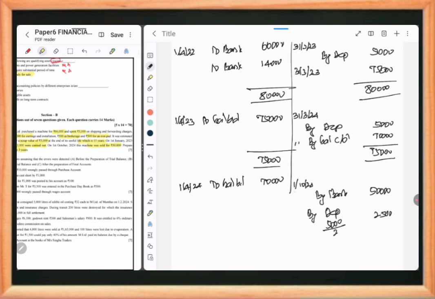And then what will be the loss? We have to find out the book value as on the date of sale. Book value 70,000 opening minus depreciation up to the date of sale, that is 2,500 less. So 67,500 rupees, but we sold for only 50,000 rupees.